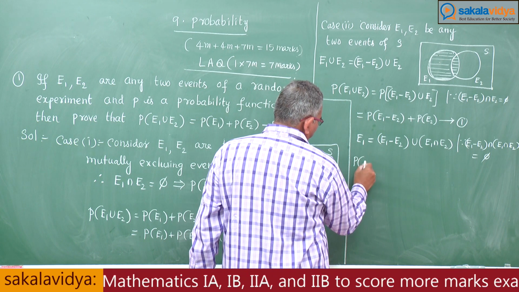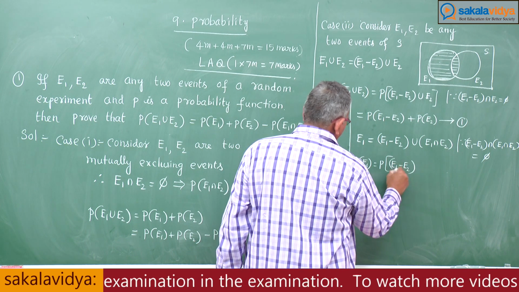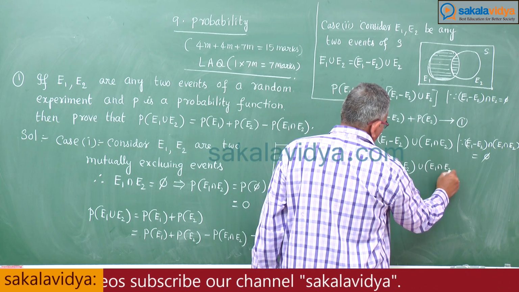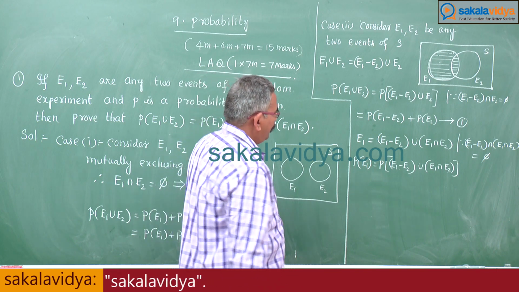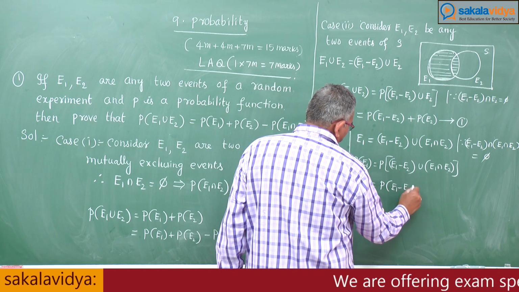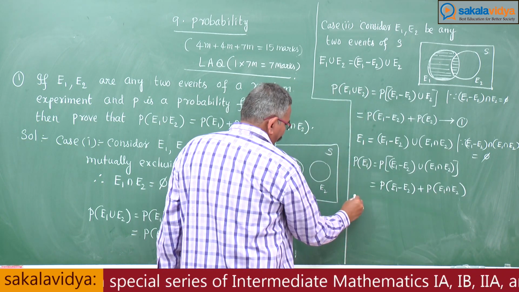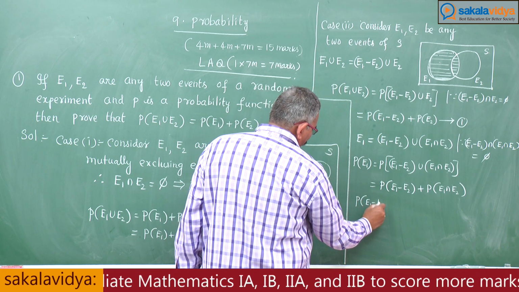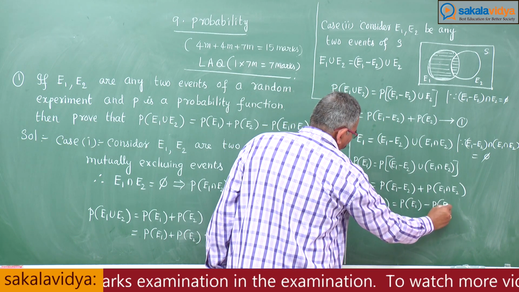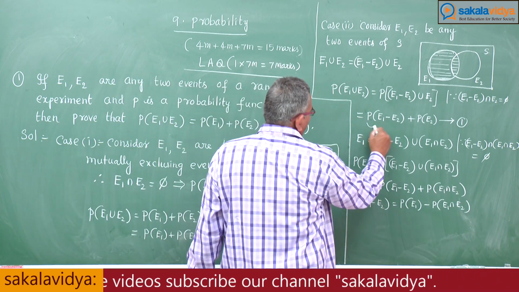P of E1 is equal to P of E1 minus E2 union E1 intersection E2. Now, by the union axiom, you can write P of E1 minus E2 plus P of E1 intersection E2. From this we can find P of E1 minus E2, that is equal to P of E1 minus P of E1 intersection E2.